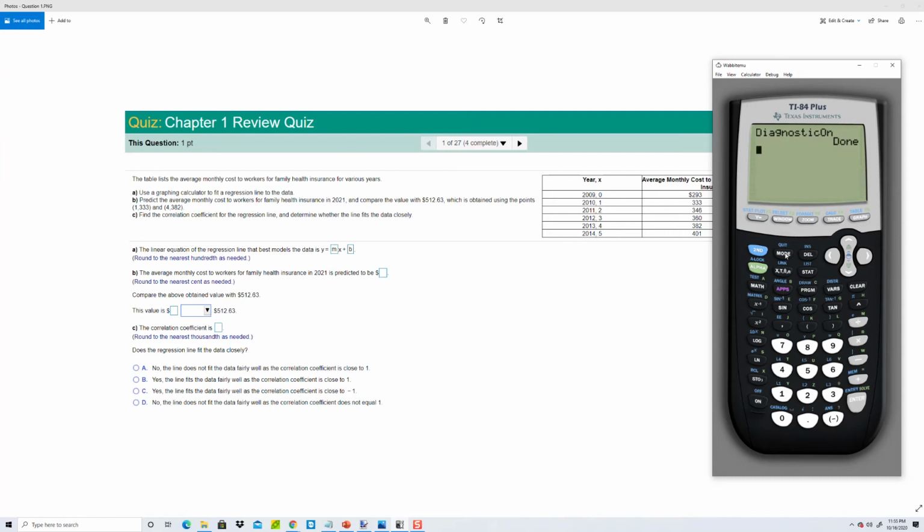Now, you only have to do this one time. If you press your mode button and keep doing the down arrow over and over until you go to page 2. If you have a page 2. I don't have a page 2. But if you have a page 2, somewhere on there you'll see something about stat wizards. Down arrow to that line and then press your right arrow.